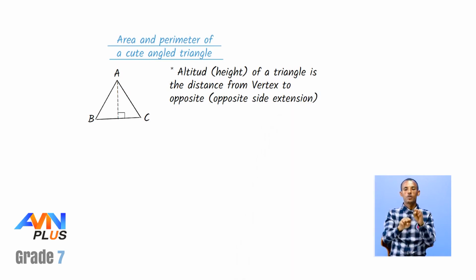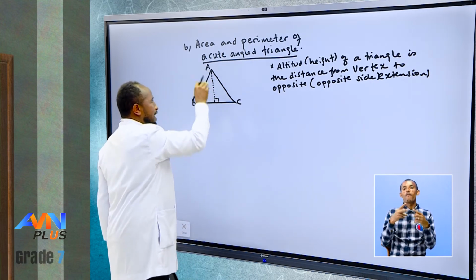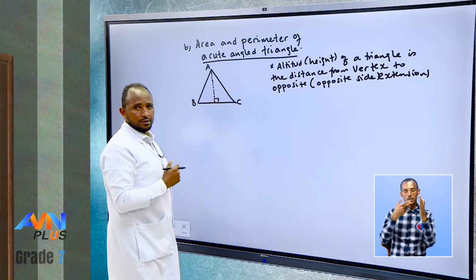So the perpendicular distance from the vertex to the opposite side, we call it the height of that triangle, or altitude.